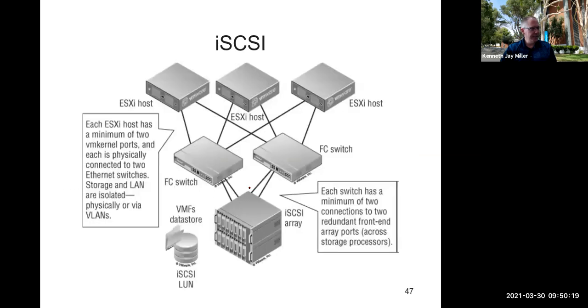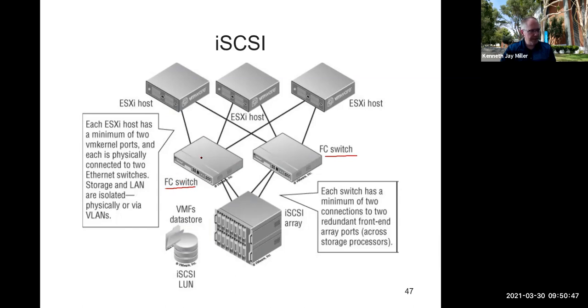And iSCSI has the exact same topology as our fiber channel switch network did. So with iSCSI, the design is still the best type of design for it. The only difference here is that these fiber channel switches now are Ethernet fiber optic switches.